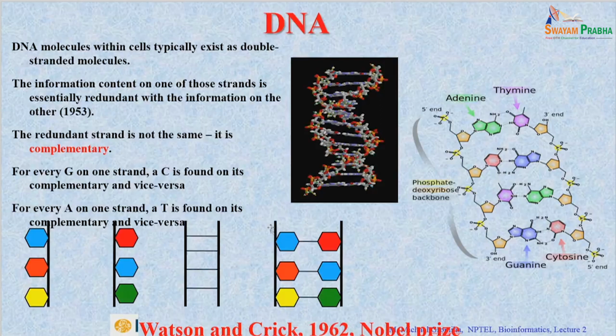They put the two backbones and made the bases the side chains in between the ladders, and then they found it matched exactly, with respect to the chemical groups as well as the space. They also found the hydrogen bonding pattern fit with favorable energy. This is the Watson and Crick model for the double helix of DNA, and they got the Nobel Prize in 1962 for this double helical structure.